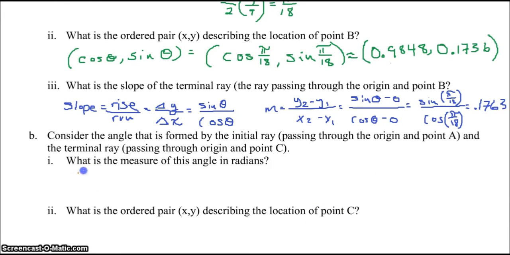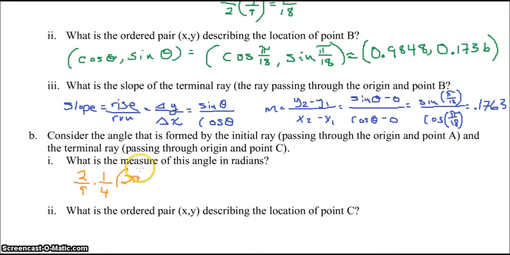Well, now we have 2/9 of the circumference. Let me rephrase this again. The angle measure in radians is the percentage of the circumference that we cut out.